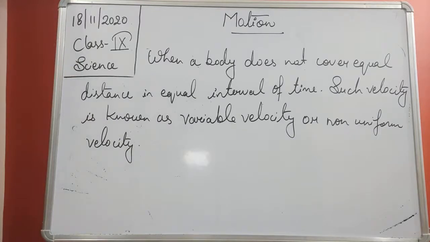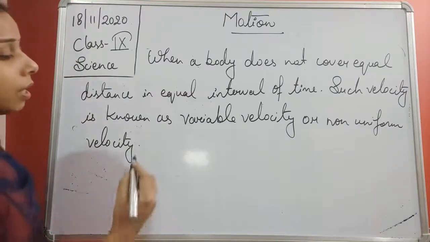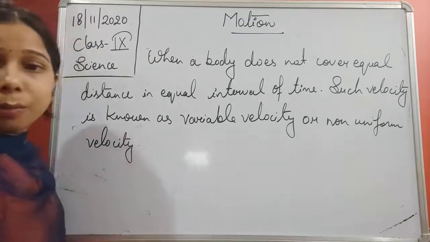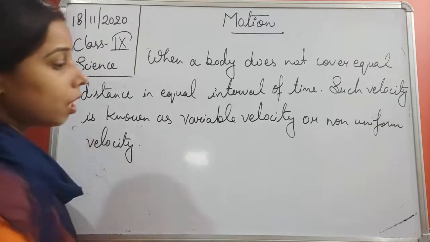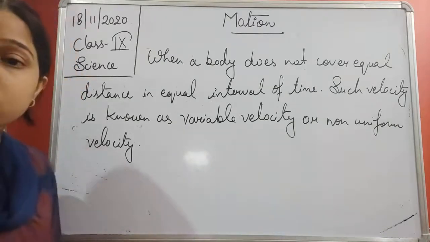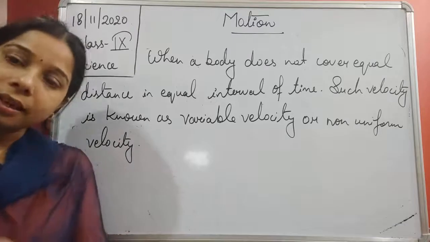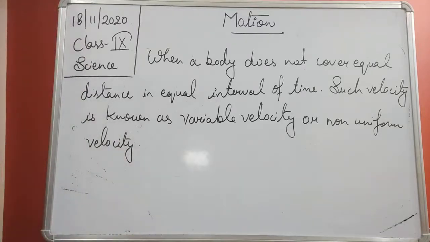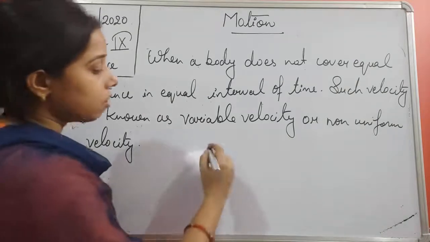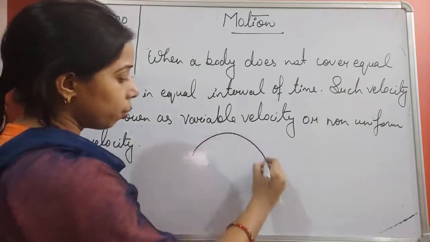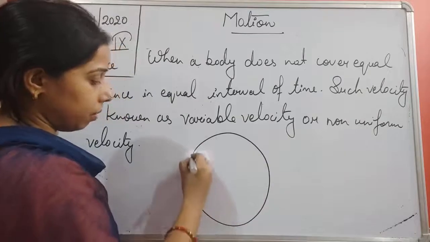Okay. Now you see, students, we can understand with the help of an example. So this is of non-uniform velocity. We can also say one more thing: suppose we talk about the speed of the body, and a car is moving in a circle.